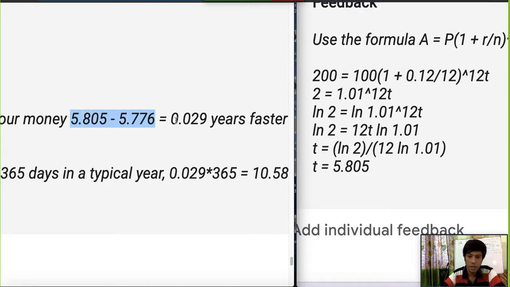You subtract it, you get this, and multiply it by 365 because this is in years, and we want to get how many days. That's why we multiply it by 365. Then you get 10 days. That means 10 days earlier our money becomes double.